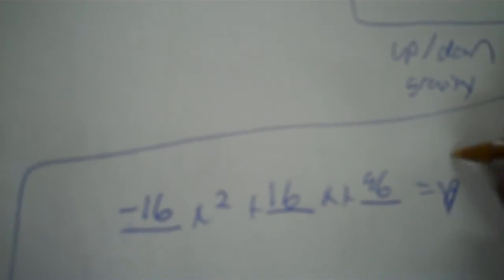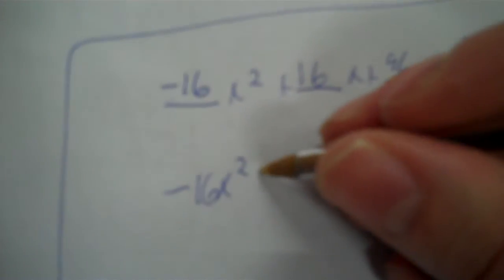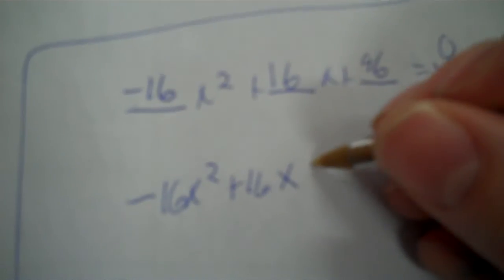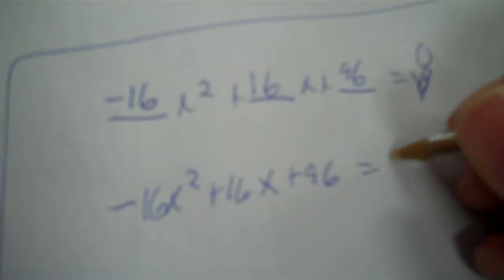So when I map this out, negative 16 is my gravity, 16, 96. This goes in for the constant, then you can't delete it. So 0 feet equals y. So we have negative 16x to the second plus 16x plus 96 equals 0.